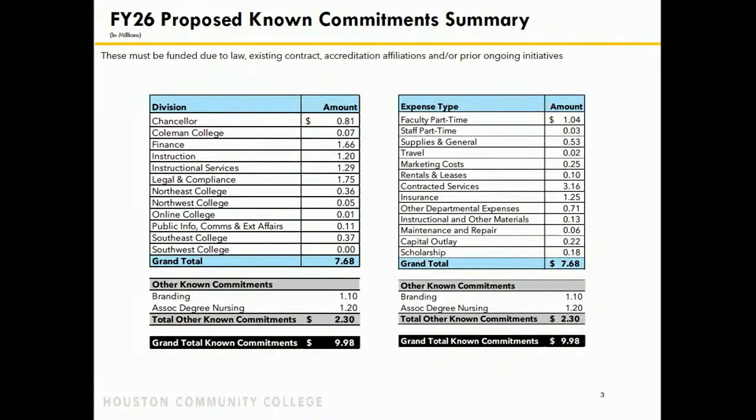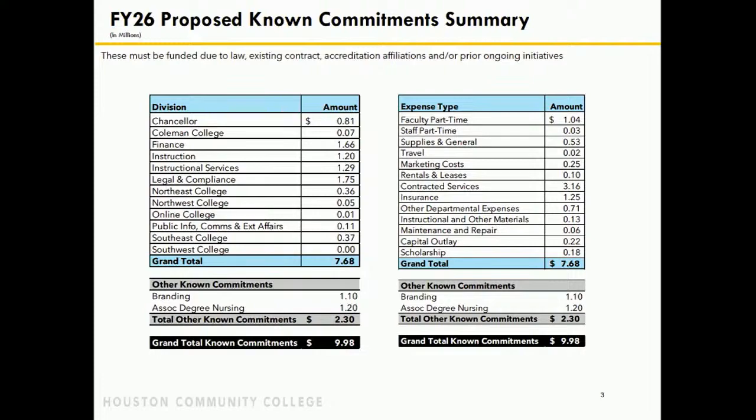Pleasure to present this. This information was provided as context, so that you would have some detail to understand what all of the originally $66 million that became $62 million worth of wish list items was comprised of. The known commitments are pulled out in this way just so you could get a sense of the source, which entity or part of the college is asking for it, and then the expense type.